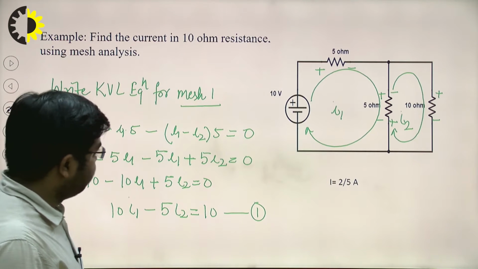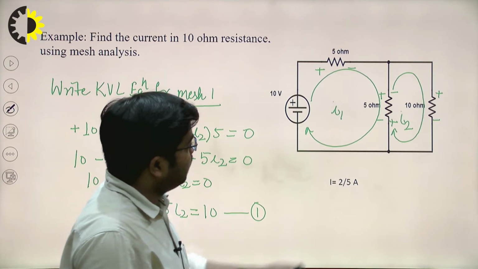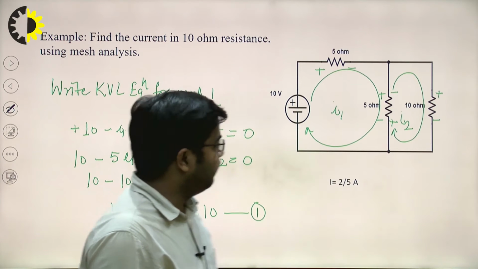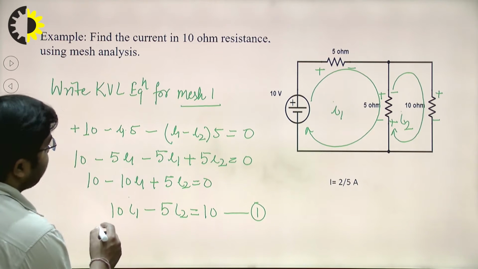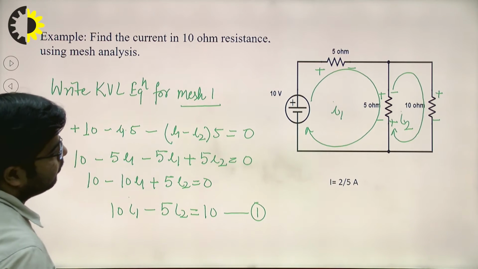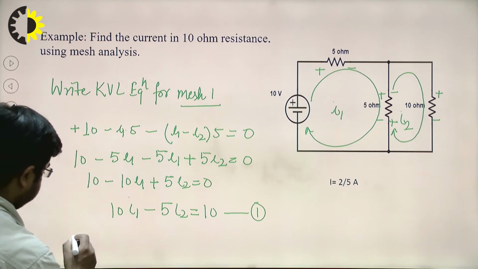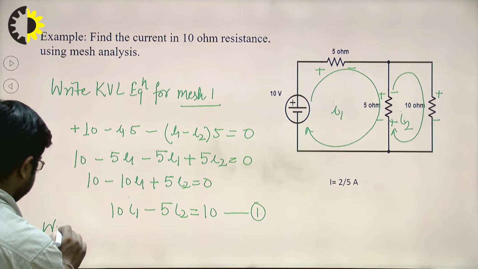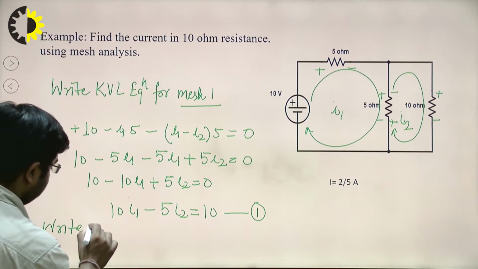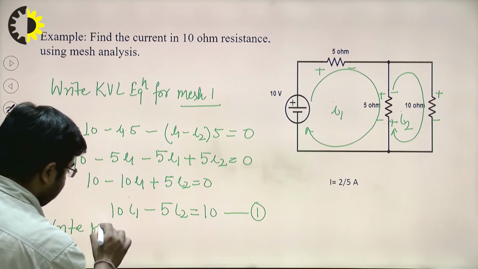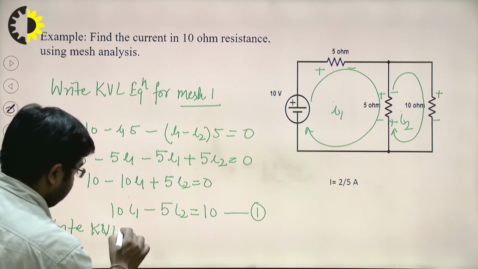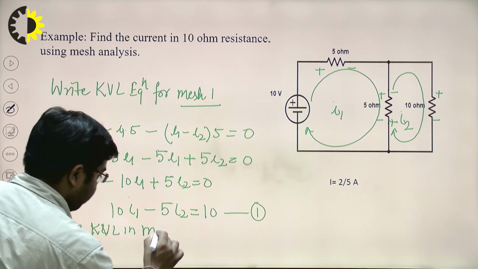Now apply the KVL in this loop. Write KVL in mesh 2.